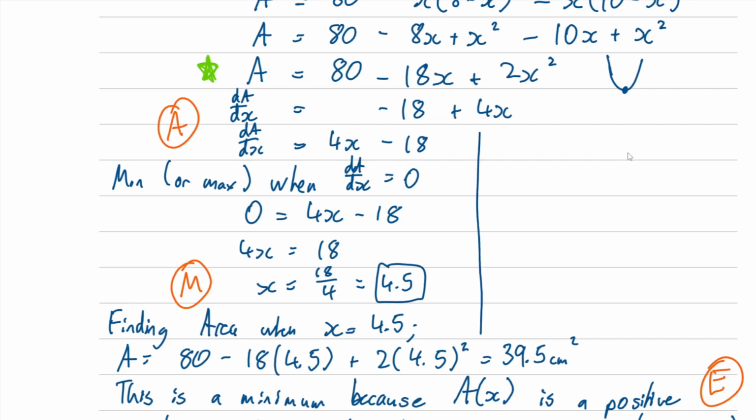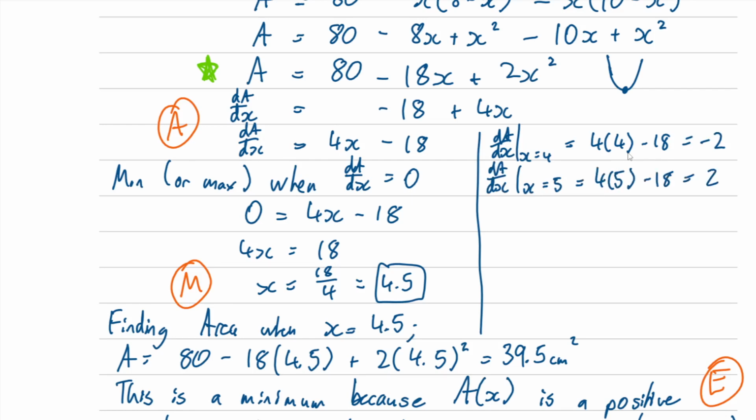So for example, the derivative when x is 4 would be 16 minus 18, which is minus 2, and the derivative when x is 5 is positive 2, which says that to the left at x equals 4 it is decreasing, to the right at x equals 5 it is increasing, therefore minimum at x equals 4.5.